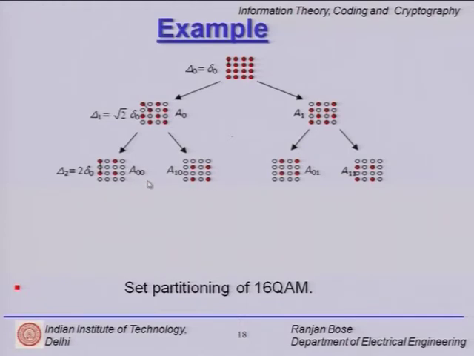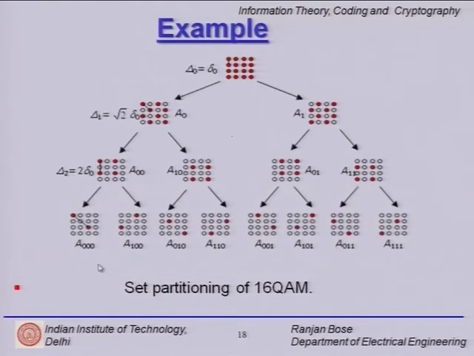So, we get even larger distances between the neighboring symbols. So, first 2 subsets and then 2 more for each. So, 4 total number of subsets and then 8 subsets, we have continuously increased the distance. So, this is the example for set partitioning of 16 QAM.